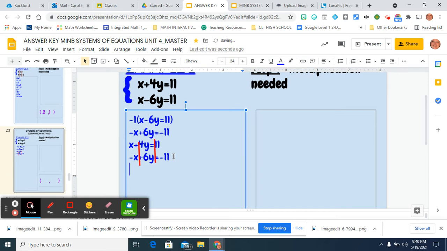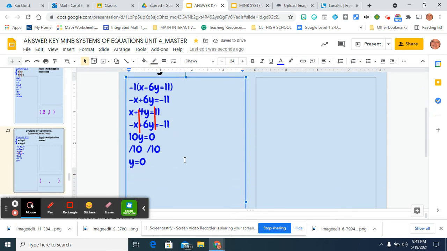And now I have 4y plus 6y, which is going to be 10y, equal to positive 11 plus negative 11, which is going to be 0. So again, even if I divide both sides by 10, I should recognize that if 10 times y equals 0, then y must equal 0 as well. So I come up with a value of y equals 0.